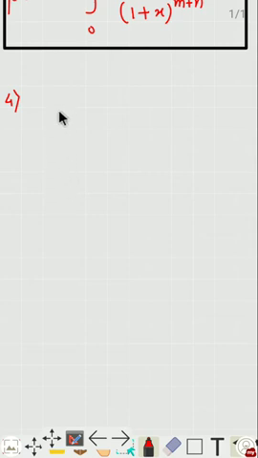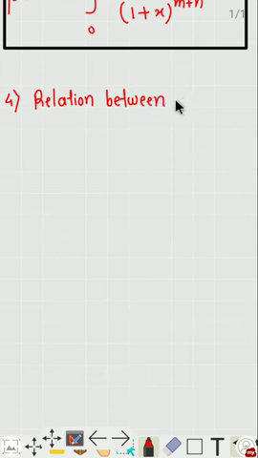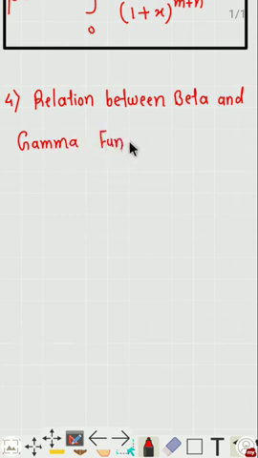Relation between beta and gamma function.